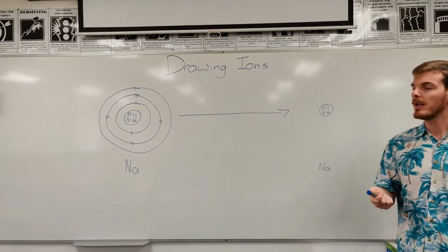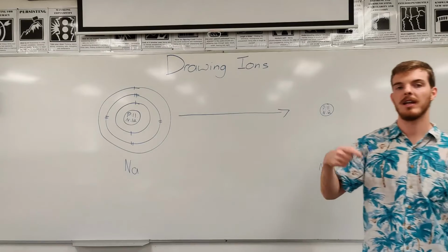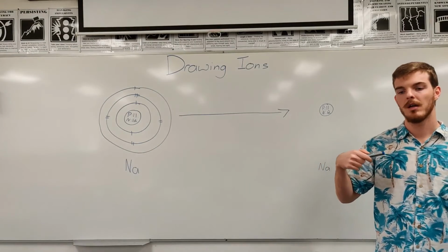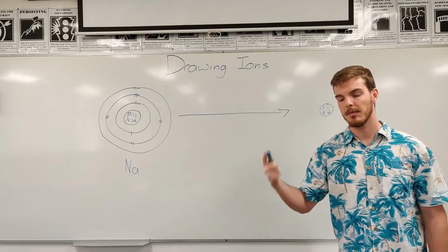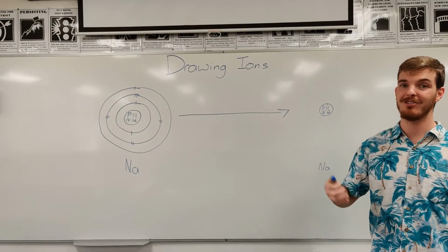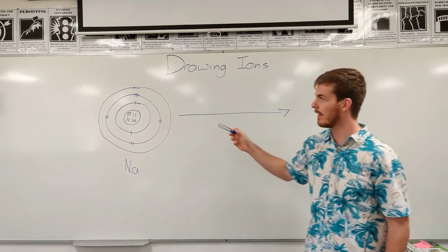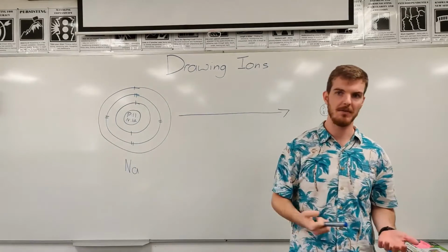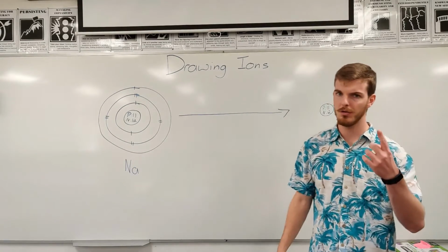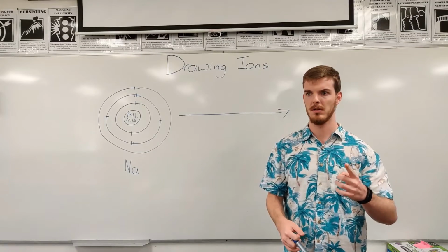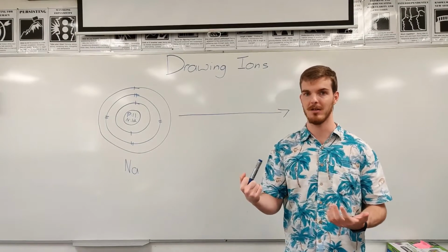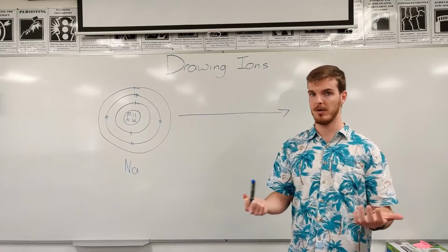Nice and easy, right? As we were looking at in the last little section, the atom always wants to use the least amount of energy to become stable. So with sodium, it can either fill its outer shell with another 7 electrons to make 8, or it can lose 1 electron to drop down one shell and have a full outer shell. So it's easier to lose the 1.